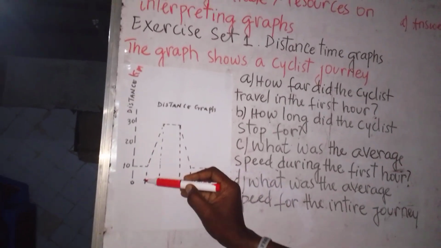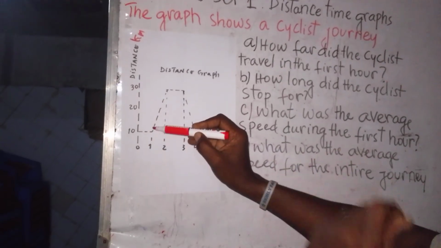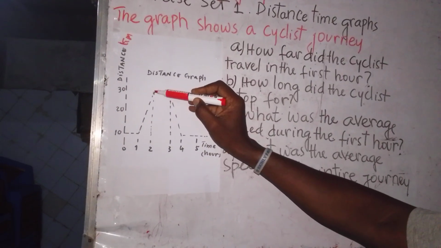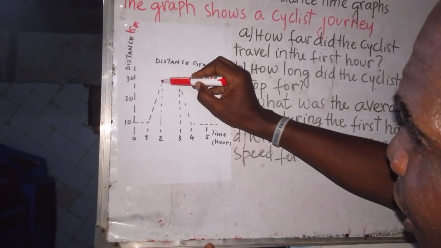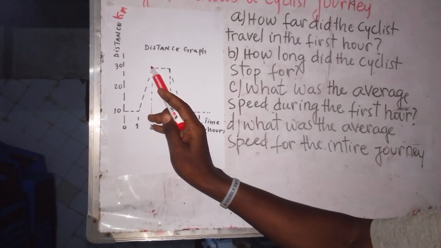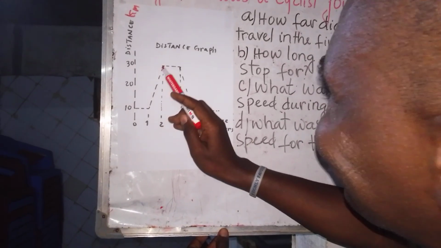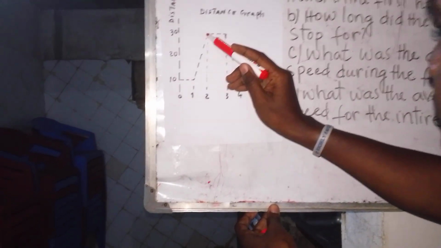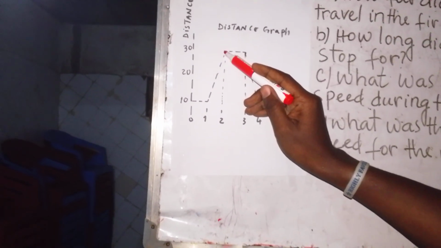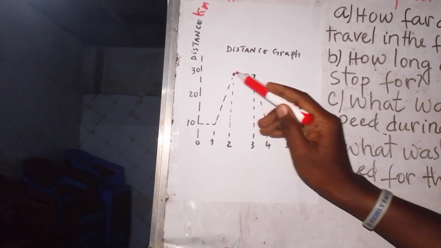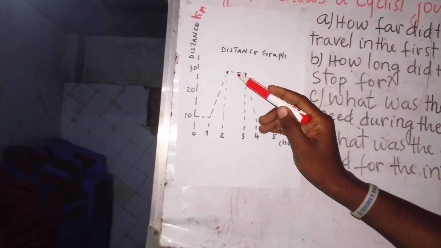In the first hour he continued, during the second hour he reached a certain point at 30 kilometers. At 30 kilometers, between 2 hours and 3 hours, the cyclist stopped.